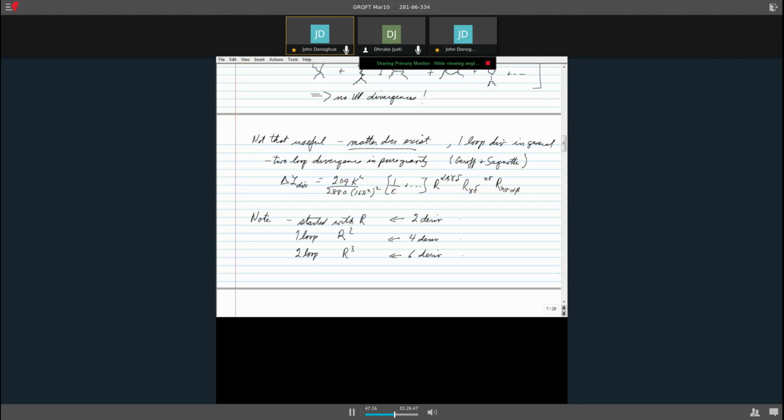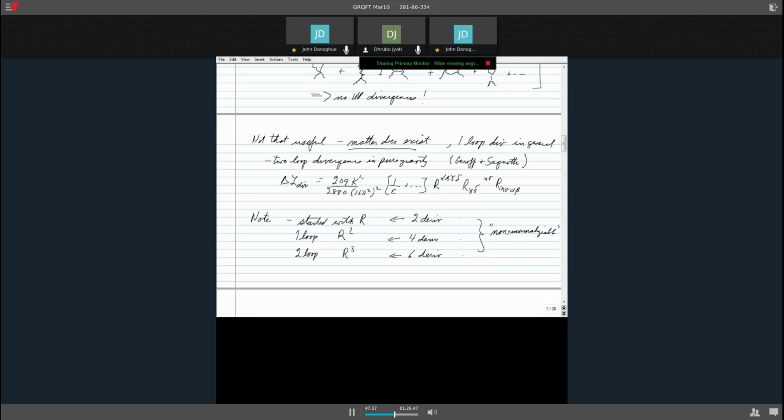We started with the curvature. So no loops, we had the curvature. At one loop, we had curvature squared.